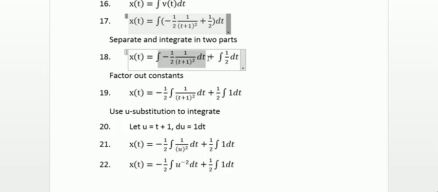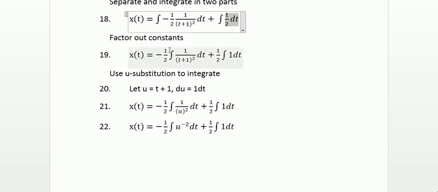So this first integration is negative 1/2 times 1 over (t plus 1) squared, and then I'm just integrating over here with 1/2. You can also factor out the constants to make it a little bit easier. So I factored out the negative 1/2, and I factored out the 1/2 over here.